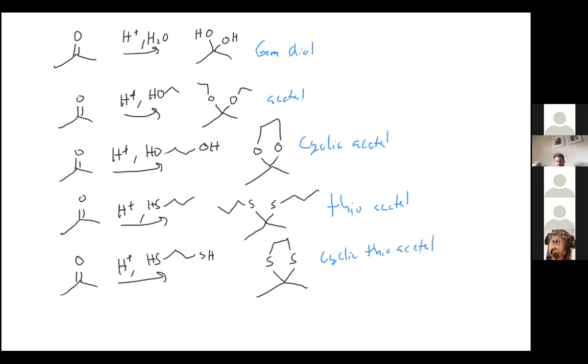Is this going to allow us to fully reduce off a carbonyl down to just carbons? You don't necessarily need to know the names. I'm just writing them out because I like to say them a lot. So you're not going to have a nomenclature question where you have to label them.